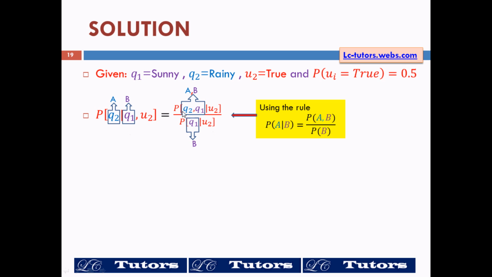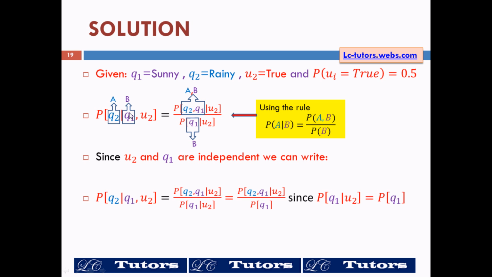Here we separated this into two parts like this, and now we have another statement. Since u2 and q1 are independent, u2 being the umbrella event on the second day, which is totally independent of the weather on the first day, and q1 being the weather of day 1, which is sunny, these are two independent events.